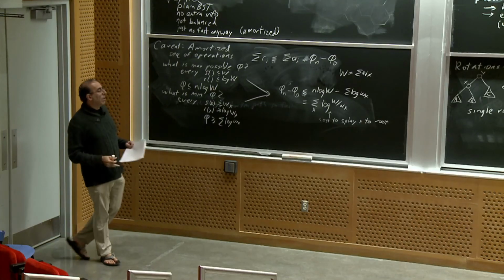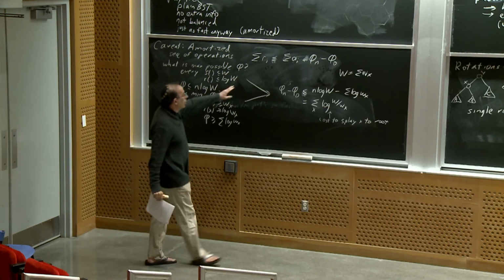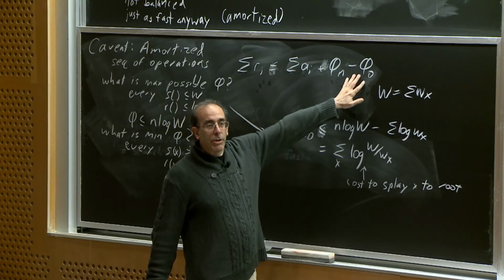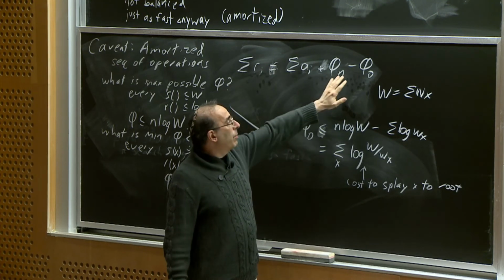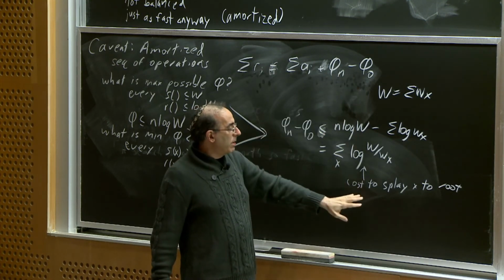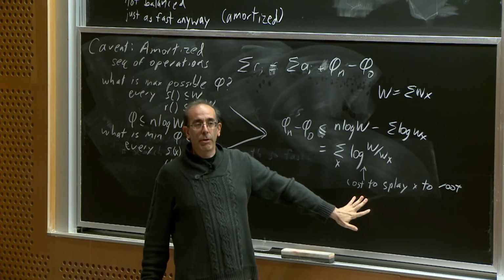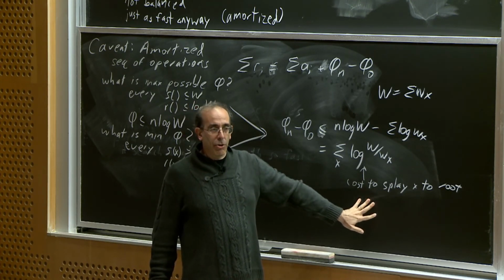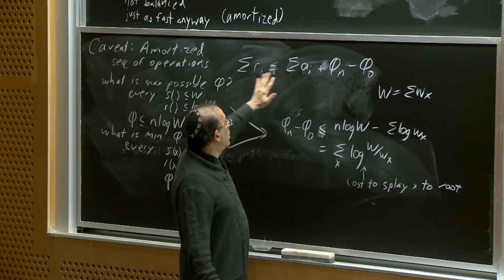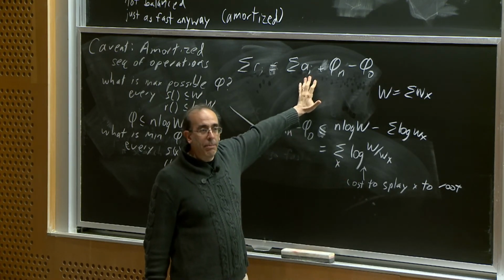Okay. So there's an error term in our potential function, sort of the gap between the amortized and real costs. But we can bound the error by the cost of splaying each node once. So after you have splayed every node of the tree, the real cost and the amortized cost are about the same. Right?